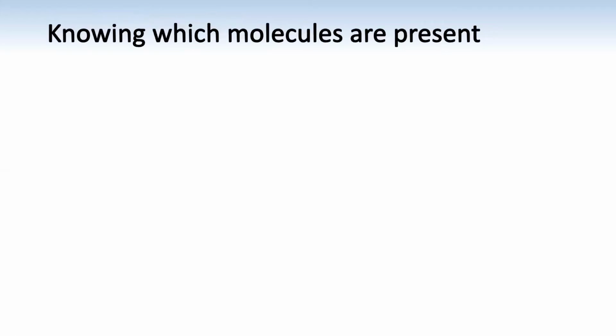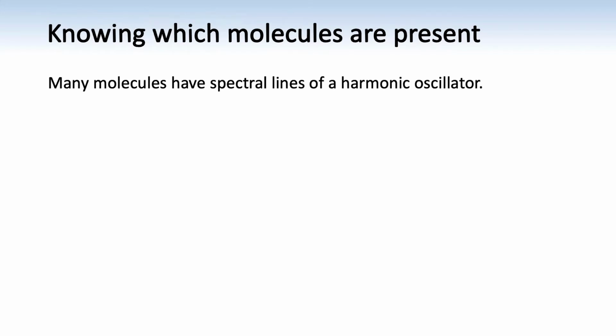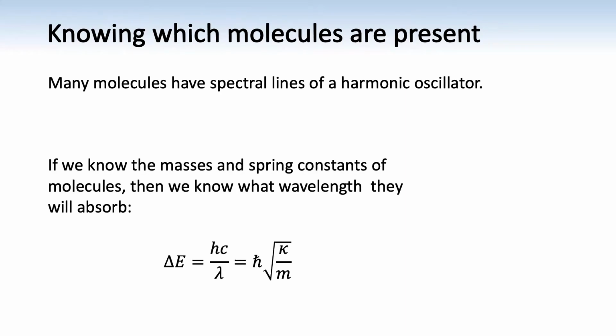Now, if we know which molecules are present, we can determine the kind of energy levels associated with them, because molecules are typically like harmonic oscillators.